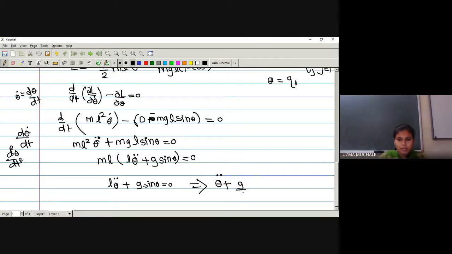Dividing the whole equation by L, we get the resultant equation: theta double dot plus g by L sine theta equals 0. So this is the equation of motion for a simple pendulum.